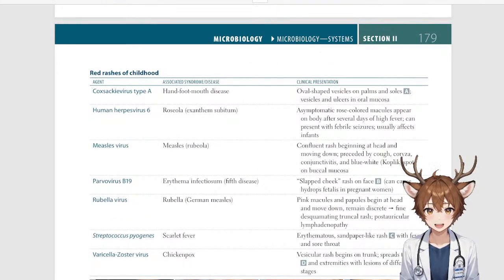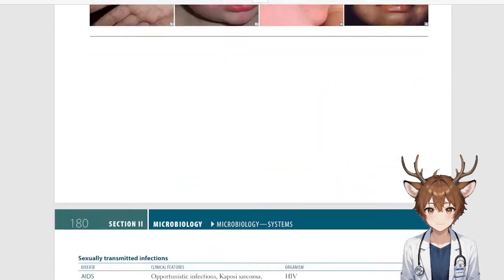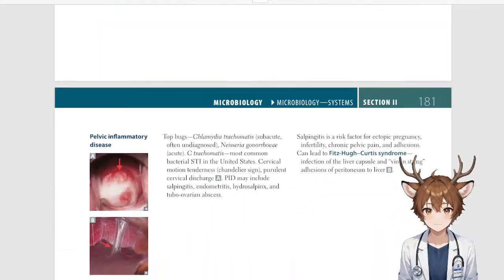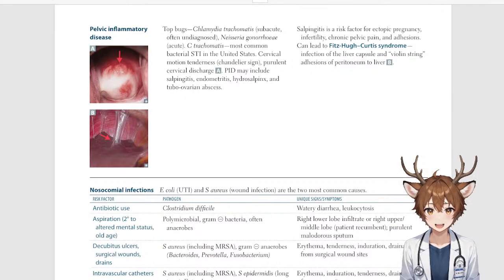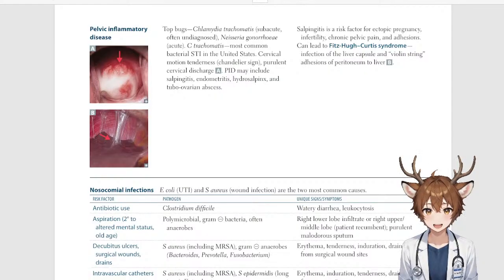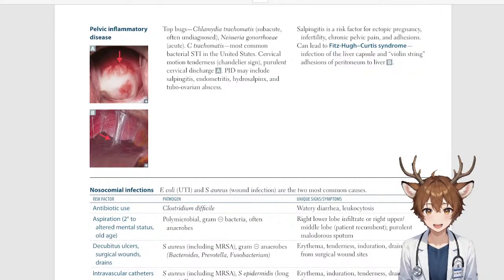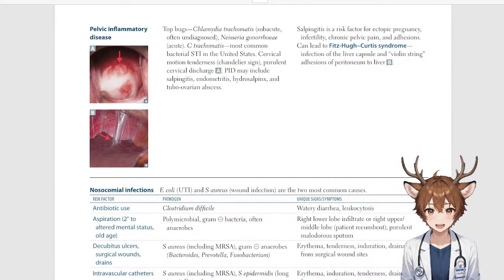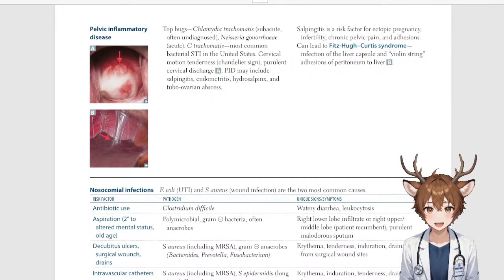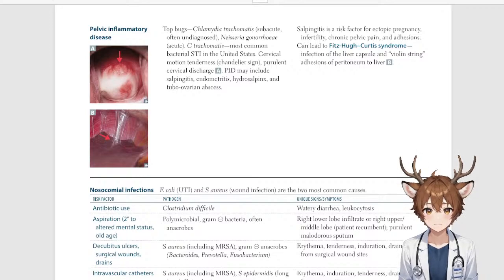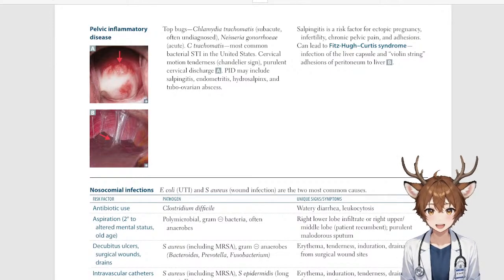Now let's talk about pelvic inflammatory disease, PID. Pelvic inflammatory disease is an ascending infection causing inflammation of the female gynecologic tract. PID may include salpingitis, endometritis, hydrosalpinx, and tubo-ovarian abscess. Signs include cervical motion tenderness, adnexal tenderness, and purulent cervical discharge.